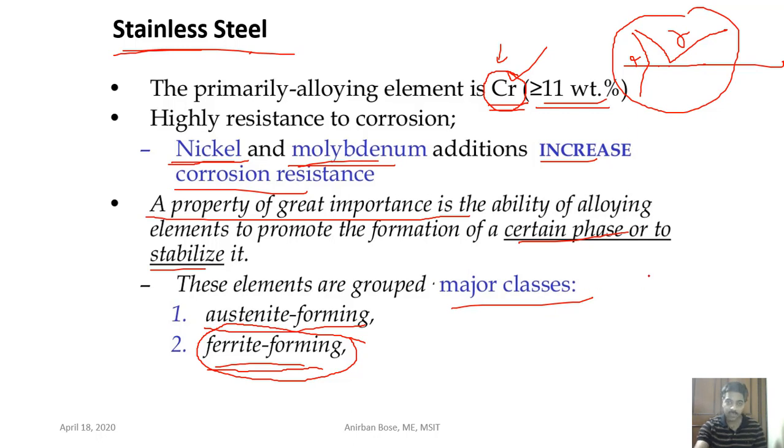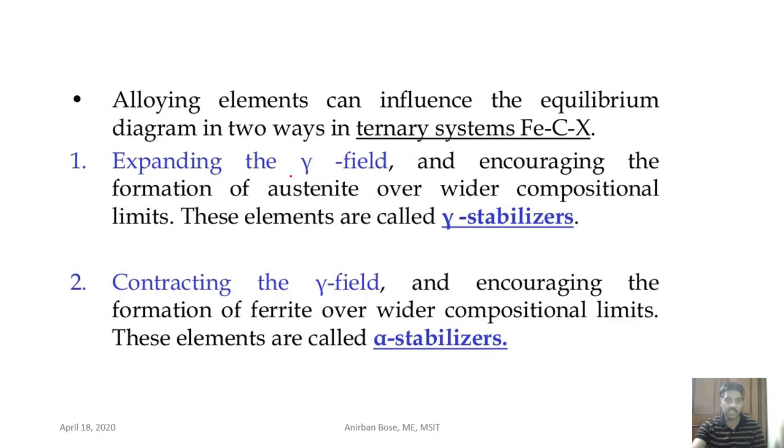Okay, so here you can see the austenite field can be expanded by austenite stabilizers. Those alloying elements are called the austenite stabilizers. If present, then the austenitic region will be expanded, and the final structure will have the FCC austenite structure. Whereas some elements contract the austenite region and increase the ferrite region, and those are called the ferrite stabilizers, alpha stabilizers.